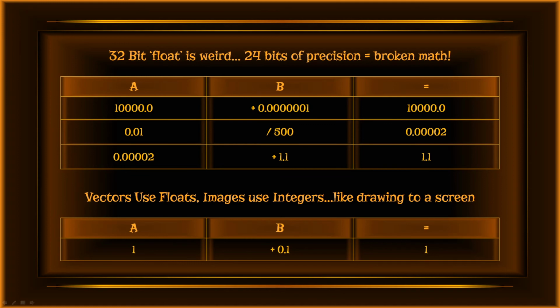So you have to worry about how many operations you do per second because the math breaks. Or if you're taking a vector and applying it to an image, and then you move that image based off of the vector, images are based off of integers, not floating point values. You can easily have a situation where you add 0.1 to 1 and you still get 1, so your object never moves.